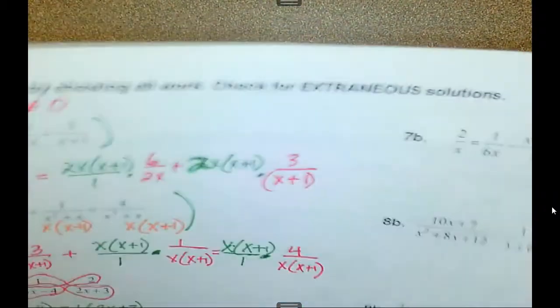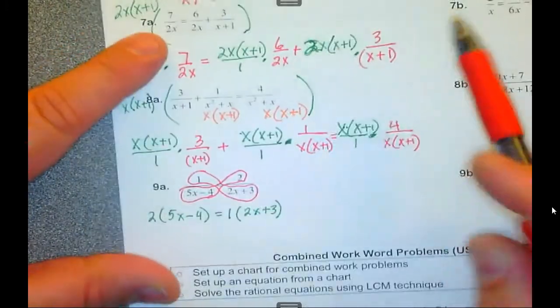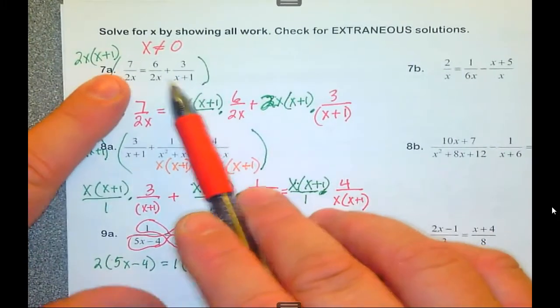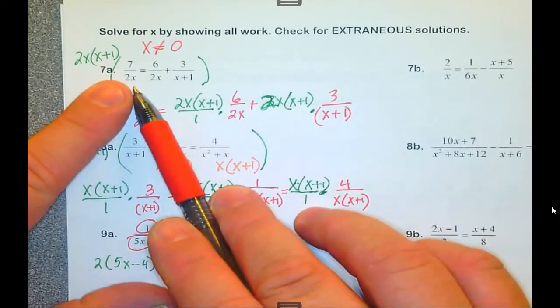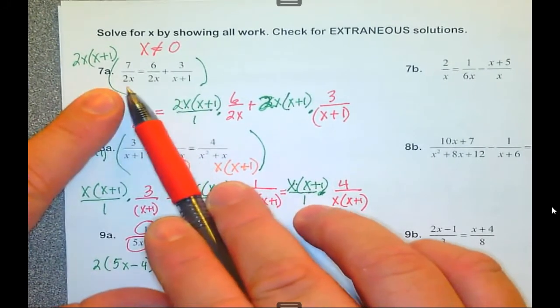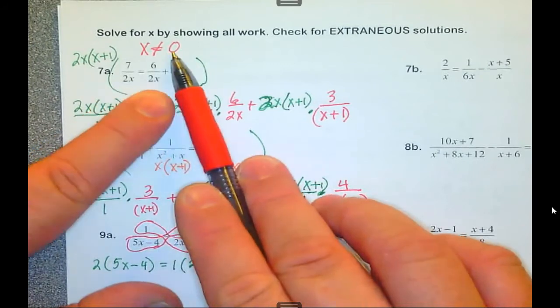Now, we have rational equations, so we're going to have to solve for x. Again, you might as well look to see what makes our denominator 0. Well, this is pretty easy. 0 times 2 and 0 times 2, so x can't equal 0.